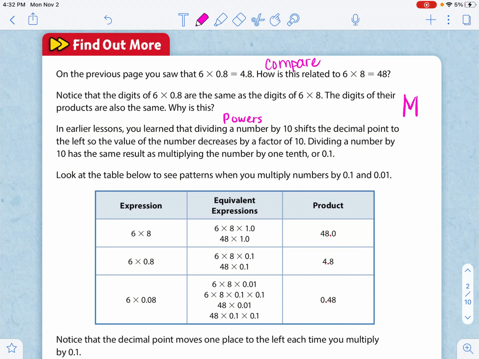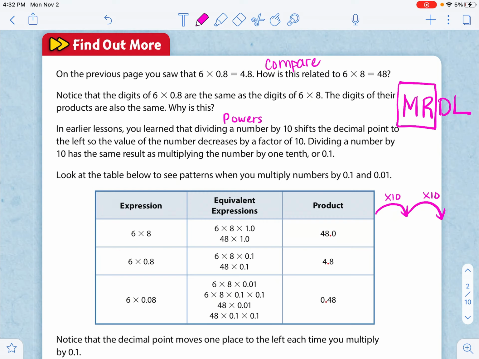Remember, on a number line, boys and girls, every time your number gets bigger, it's being multiplied times 10. So when we multiply, the number gets bigger, so the decimal point goes to the right. But when we divide, a number gets smaller, so the decimal point moves to the left.